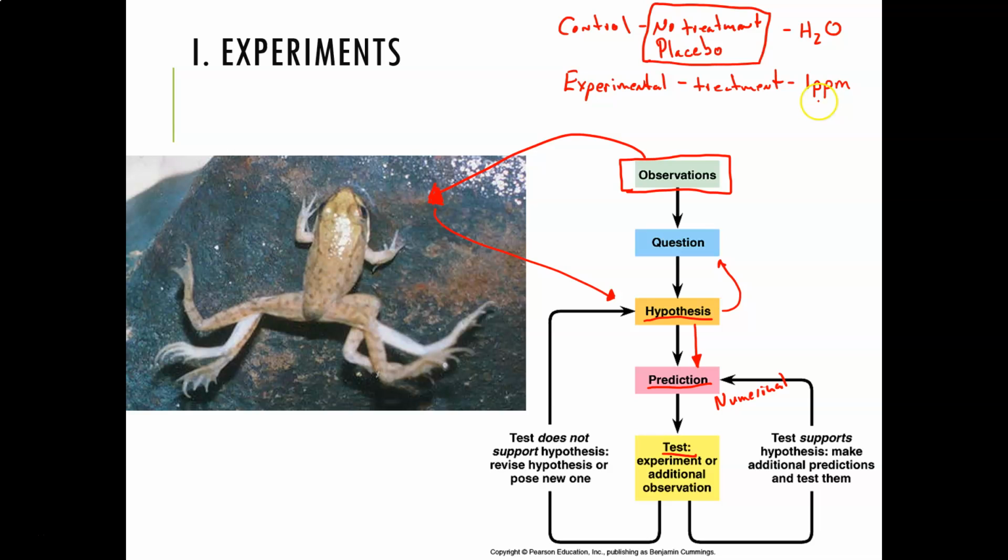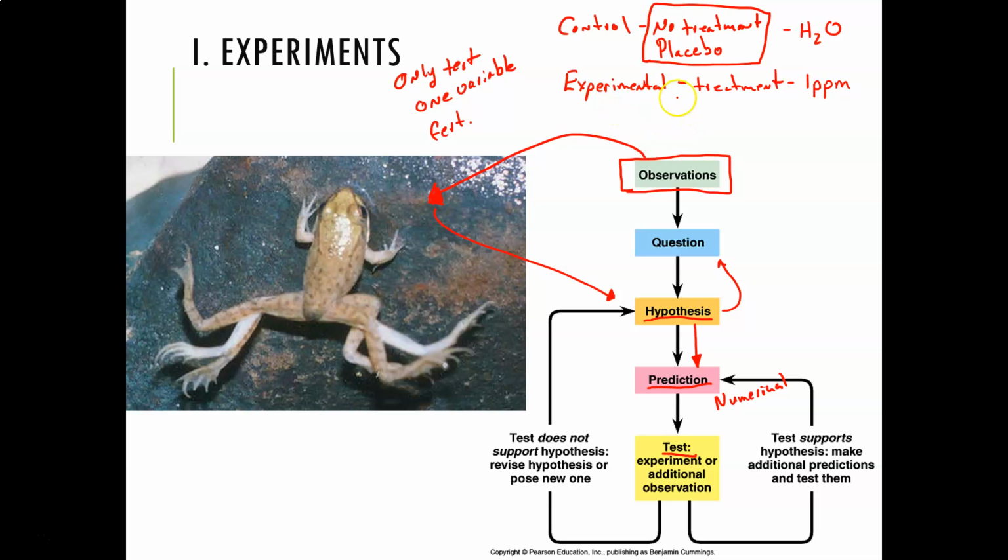Now here's the other thing I can do with my experimental groups in my test. You only test one variable, and as I said, my variable here is fertilizer. Well, I can run several experimental groups.